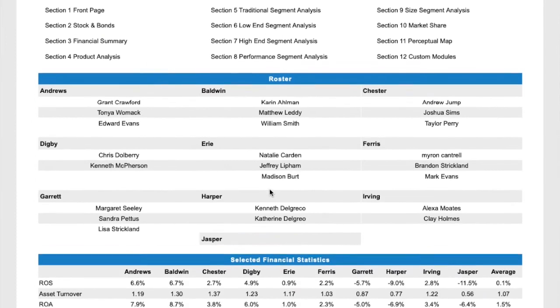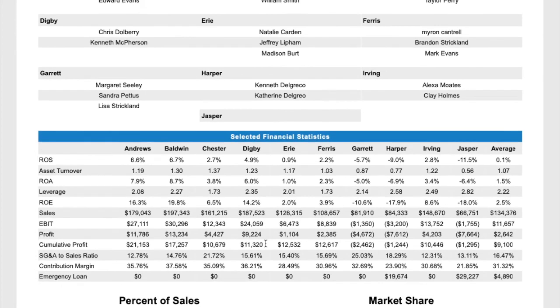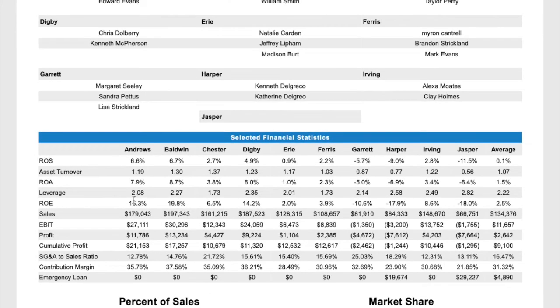Okay, so now let's come to industry 3. In this industry, let's see, Team Baldwin has the most sales, and Team Garrett has low sales, and also Team Garrett and Team Hopper have negative ROS, ROA, and ROE.